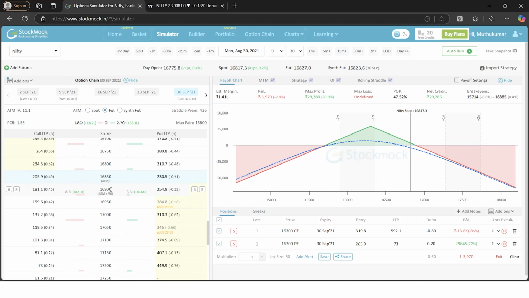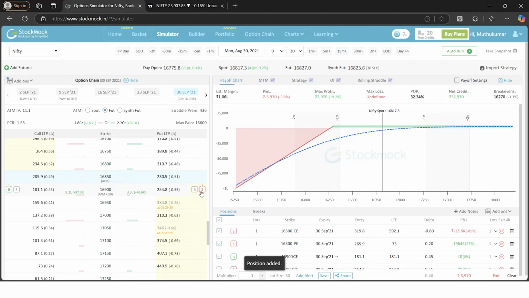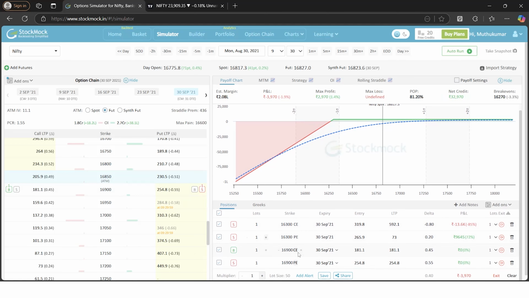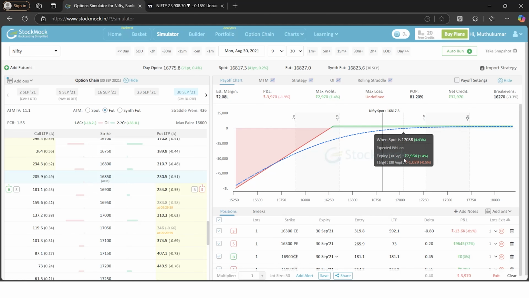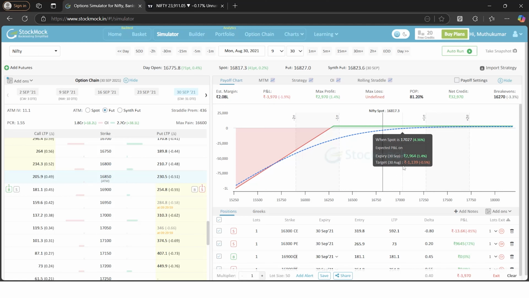To do that, we buy the current ATM call option and sell the ATM put option. You can see the 69CE bought and 69PE sold. So this is the synthetic long future. Now wherever the market goes on the upside, we will have the difference, that is 2,970 profit.